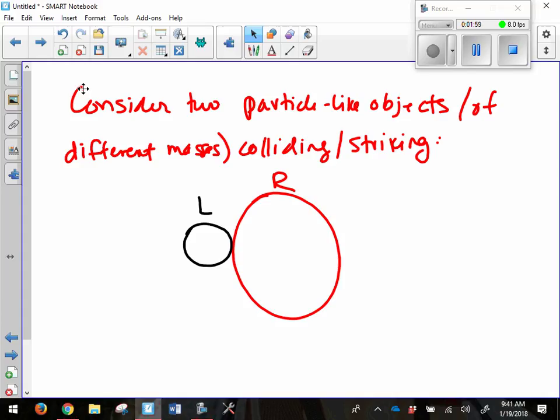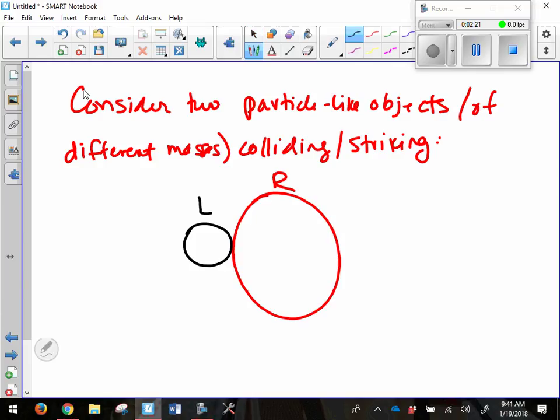All right, so because these objects are colliding and coming in contact, they are exerting forces on each other. What can you tell me about those forces? And yes, they will be a third law pair.